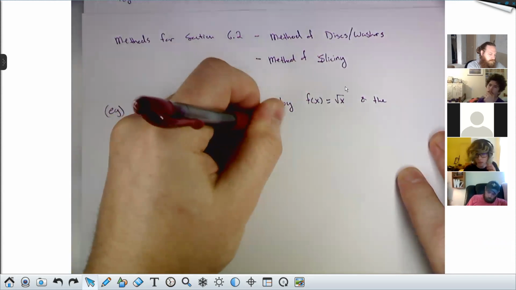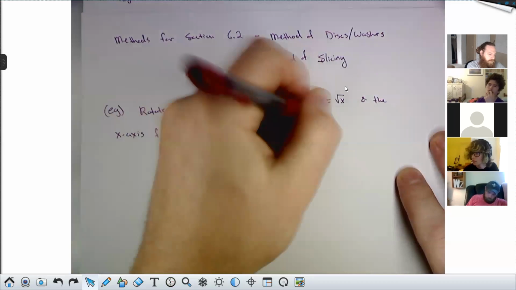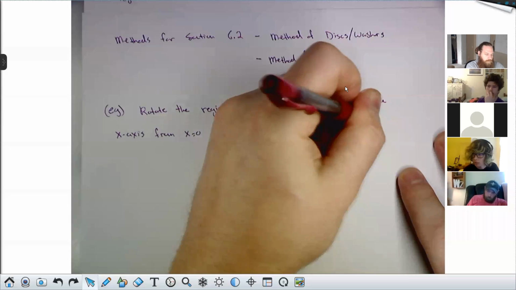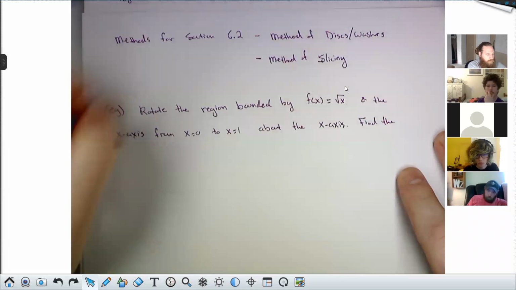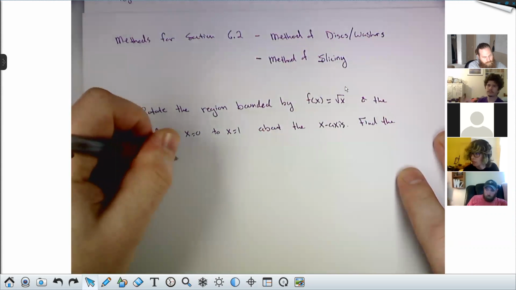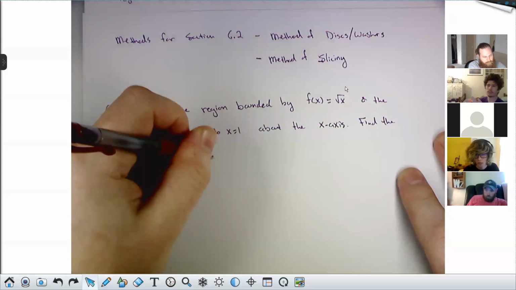Rotate that region about the x-axis. Find the volume of the generated solid.